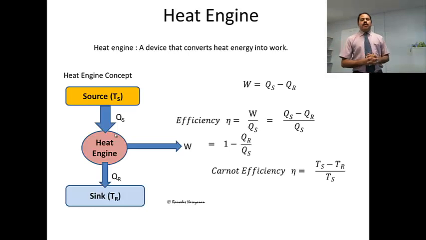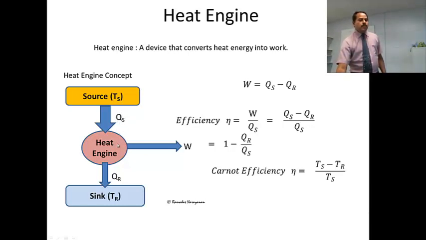Let us have a look at the conceptual diagram of a heat engine. This is the heat engine, which receives some amount of heat from a heat source which is at a higher temperature, and Qs is the heat supplied.